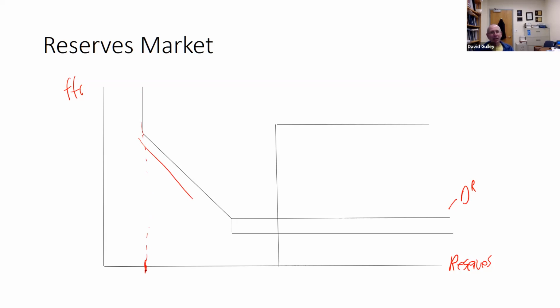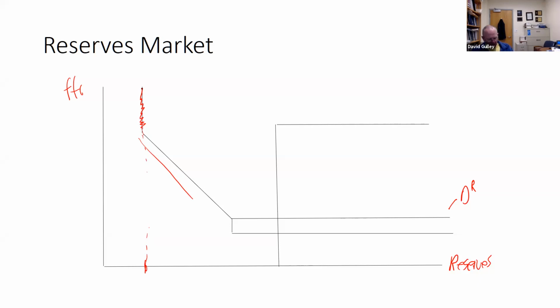By eliminating reserve requirements, what the Fed has done is effectively gotten rid of that vertical part. In other words, now there's no minimum required reserves in the banking system. Granted, that wasn't a very binding constraint right now, so it might not have much significance beyond being a signal of the Fed's commitment here.